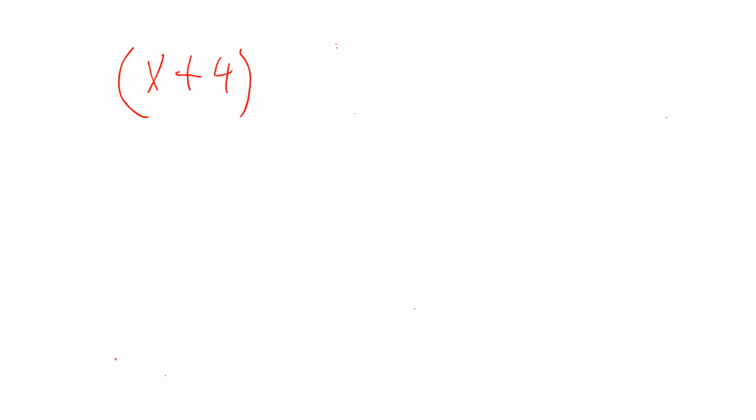So first, we're going to expand x plus 4 squared. Now immediately when we expand x plus 4 squared, it's just x plus 4 times x plus 4. We can write this as a product of two binomials.